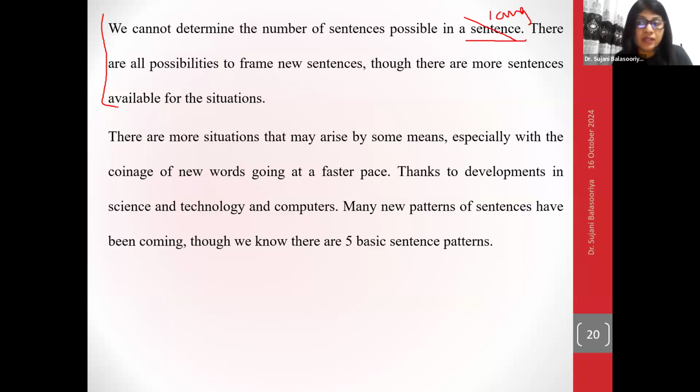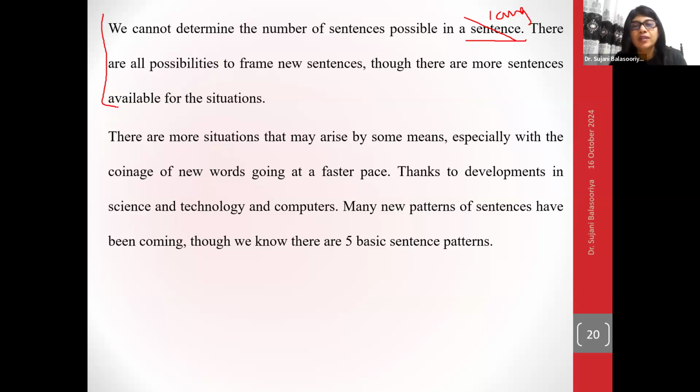Now we are talking about the rule governed nature. So how do you relate this property to the rule governed nature? We can produce novel utterances, which means new utterances day by day, hour by hour. All the time we can produce totally new utterances, but still all these utterances fall into a structure. Although they are new, they still fall into a predetermined structure, which we call grammar rules.